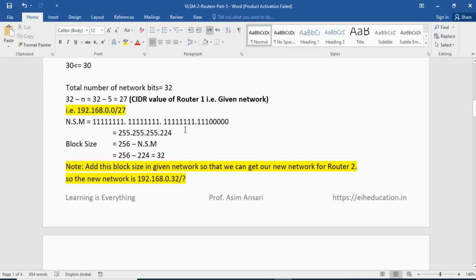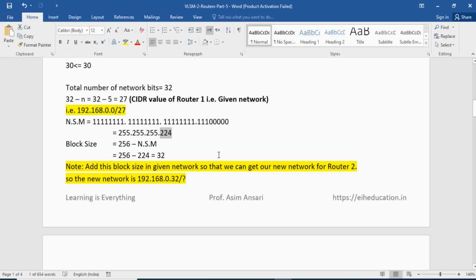The answer is 255.255.255.224. If we add all the values as per the power of 2 rules, we will get 255, and if we calculate 3 bits, 128, 64 and 32, the answer will be 224.